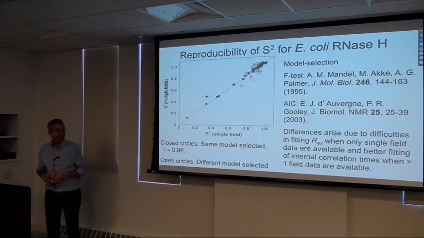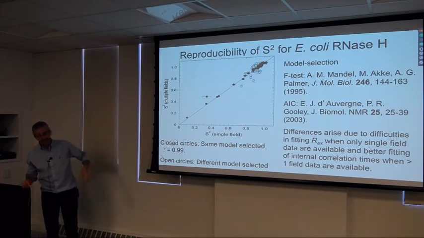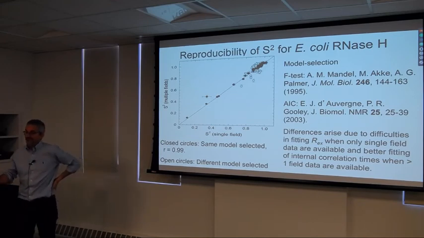I should remind myself. On one side of the line, the deviations are caused by the fact that with data in one field, it's very hard to tell if there's exchange broadening contributions. So some of the data was contaminated by exchange broadening, and then the fitted results weren't accurate. And then the other side is with data in more than one field, it's possible to fit more complicated models.